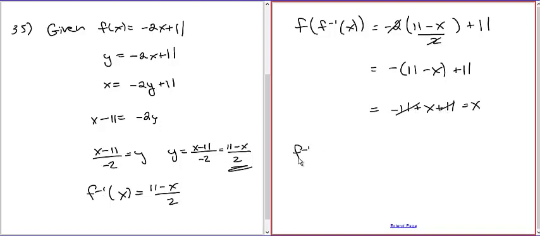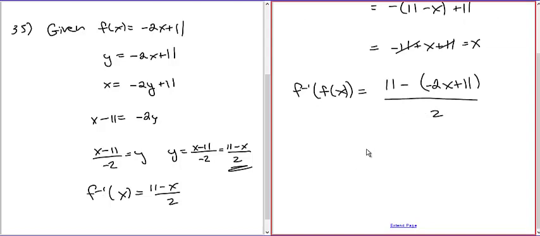If I did f inverse of f of x, so the inverse function is 11 minus something divided by 2. 11 minus x. What I substitute in there is f of x, which is negative 2x plus 11.